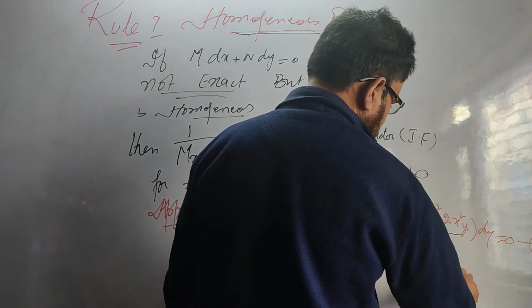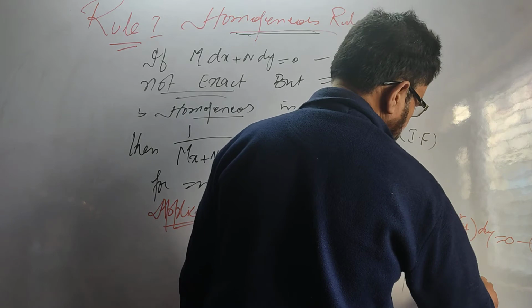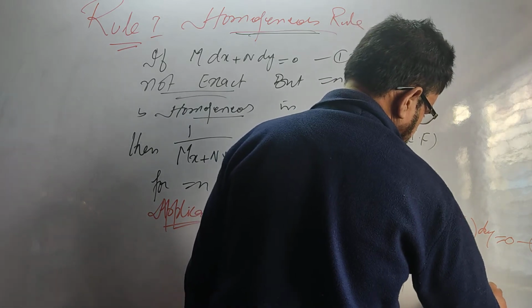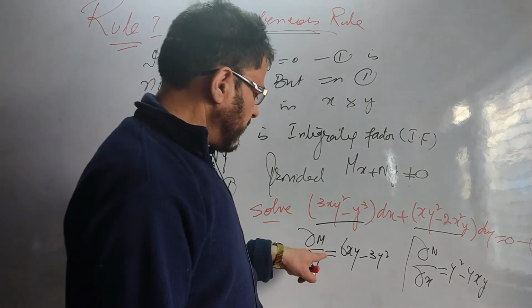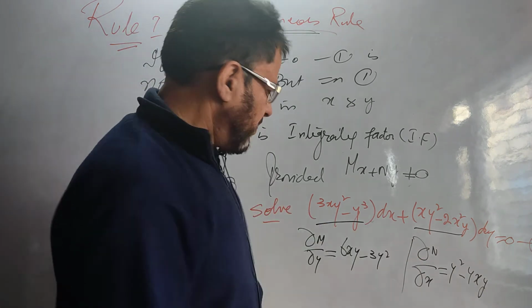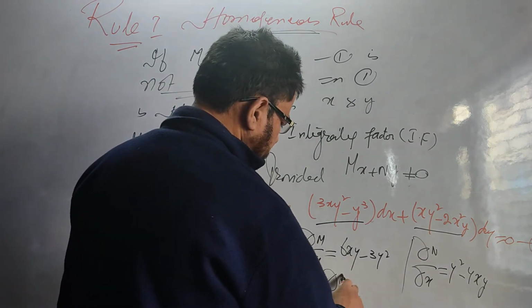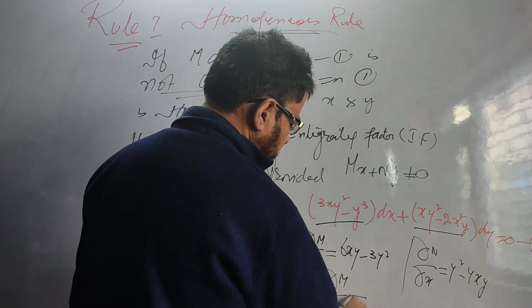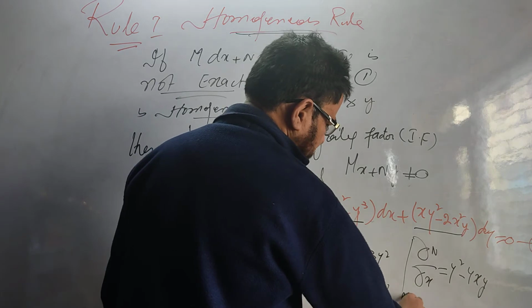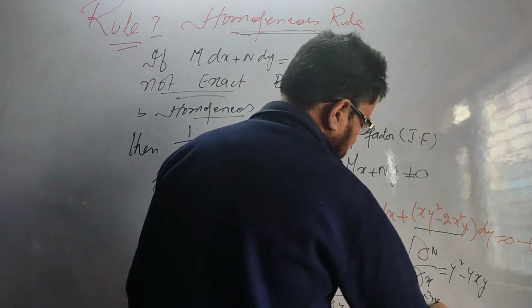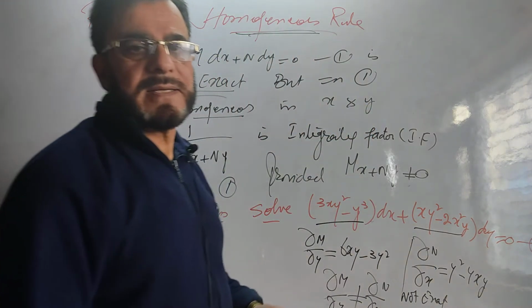This will be y² minus 4xy. So it is different, and they are not equal. So we say ∂M/∂y is not equal to ∂N/∂x. So this is not exact.